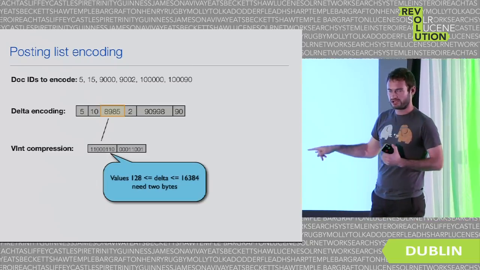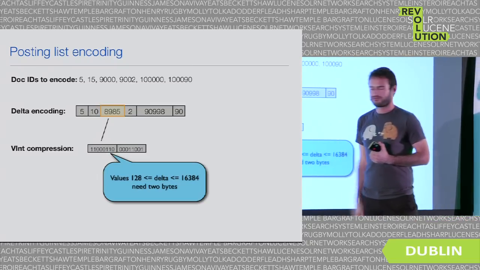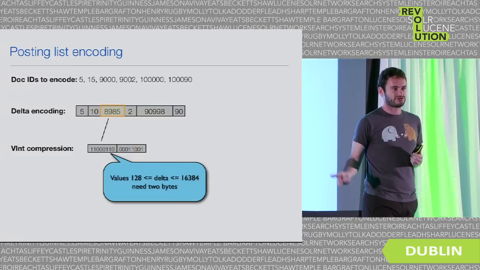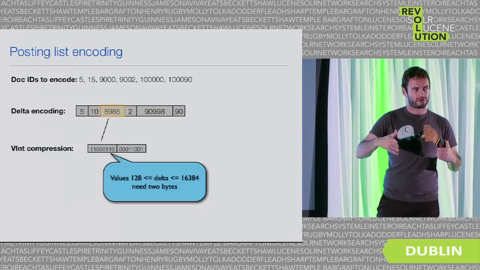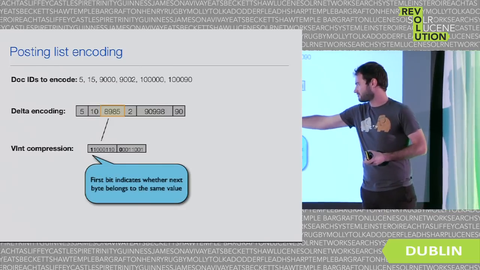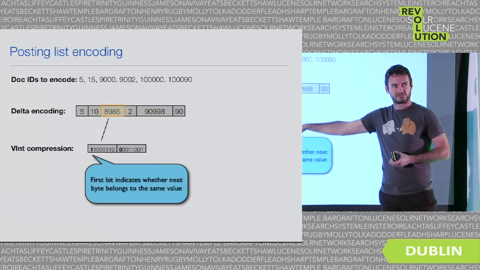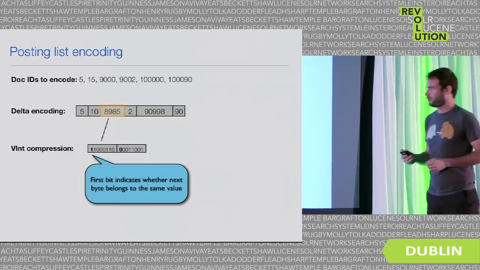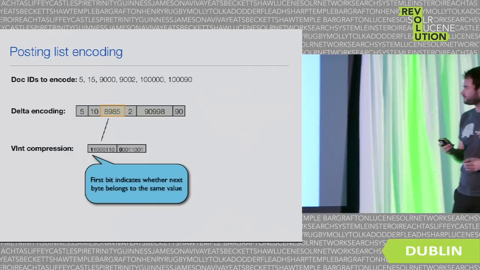So in this case, we need 2 bytes, and the first bit of the first byte would be a 1. So now the decoder knows, oh, I also have to decode the next byte to figure out what my overall value is. Then it reads the next byte, which starts with a 0, and now the decoder knows, okay, I have read all bytes for this particular value.